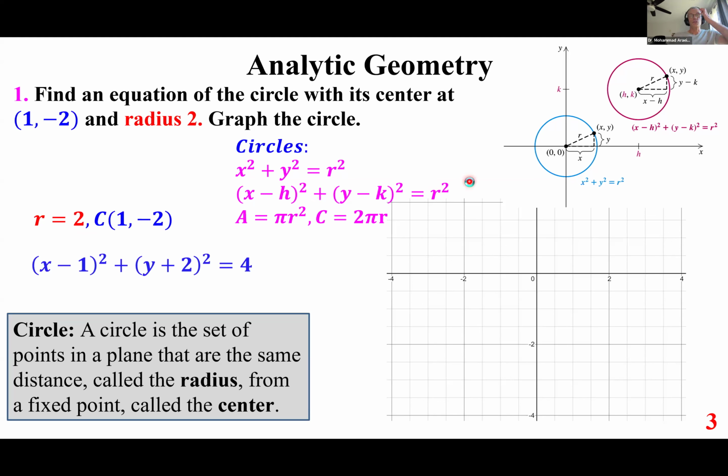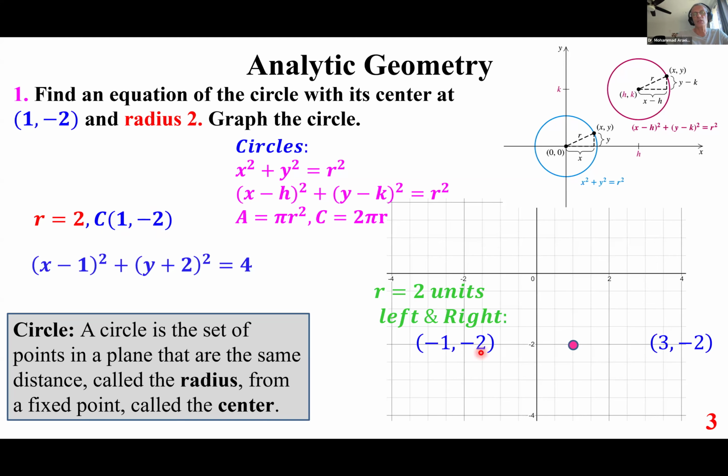Now, it's good practice to put the center 1 to the right, 2 down. And then we go r units, 2 units to the right and to the left of that, and 2 units up and down. So if you want to move to the left, 1 minus 2 becomes -1, and to the right, 1 plus 2 becomes 3.